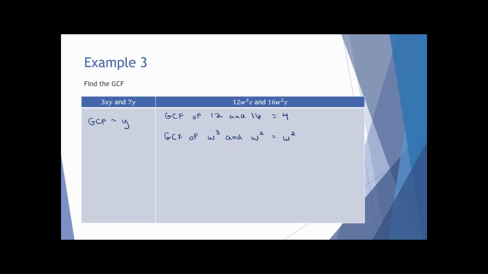Phyllis, you can either turn on your microphone and ask it, or you can type it in the chat box. So you're saying that the greatest common factor of w cubed and w squared would be w squared?